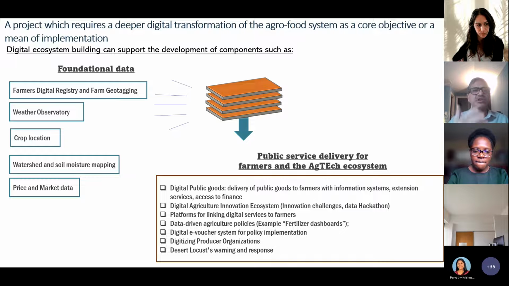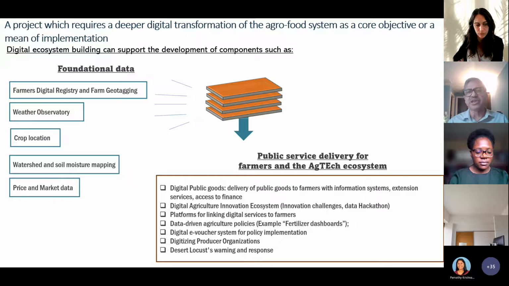The foundational project requires doing many things. On data, we work on digital registry and farm geotagging, weather observatories, crop location through data, watershed and soil moisture mapping, and price and market data, this foundational data. So we built a data platform.